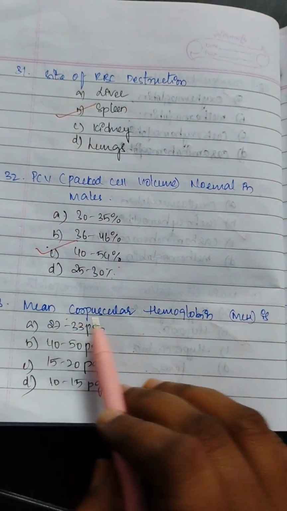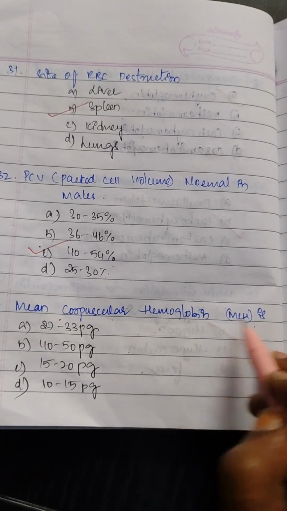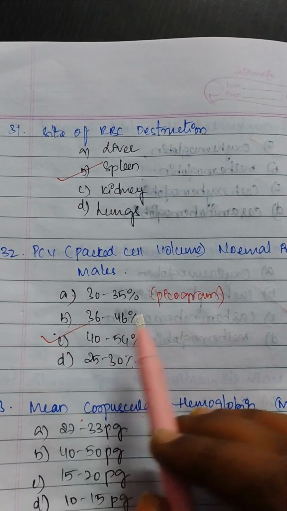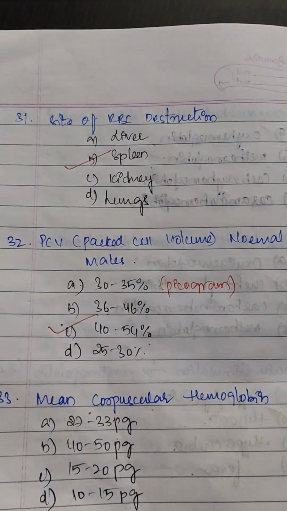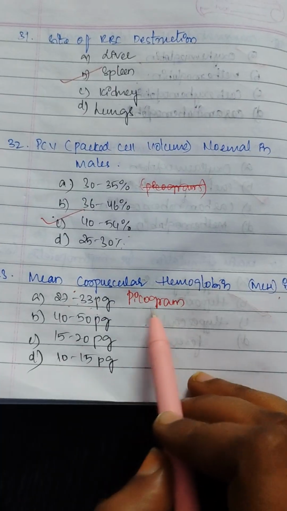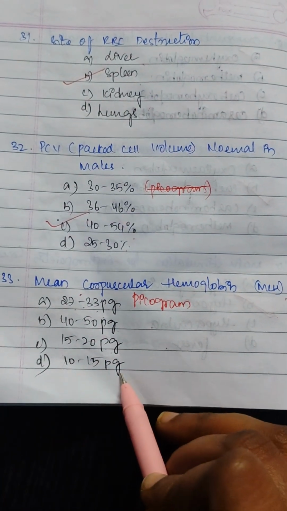The next question: mean corpuscular hemoglobin is 27 to 33 picogram, 40 to 50 picogram, 15 to 20 picogram, 10 to 15 picogram.